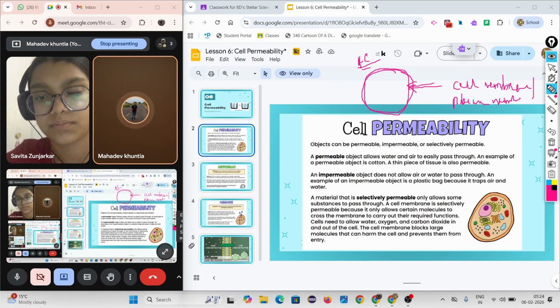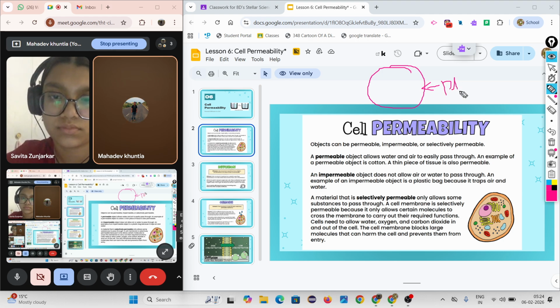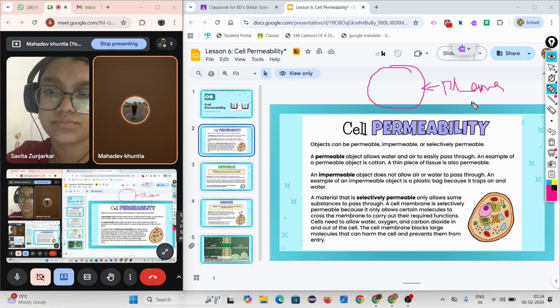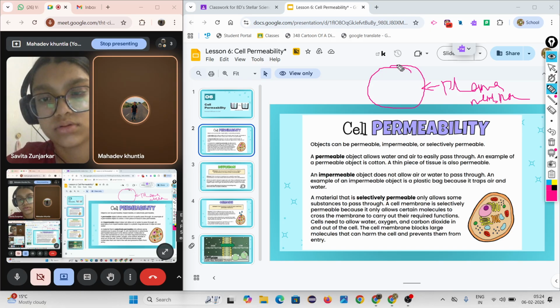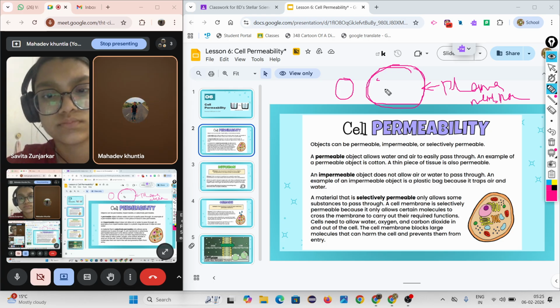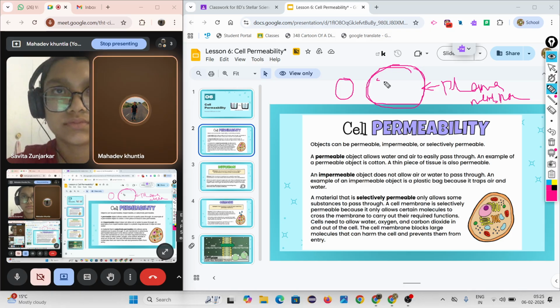My question is, in an animal cell, the outer covering is called a plasma membrane, right? What is the work of the plasma membrane? The plasma membrane separates the cell content from the external environment.